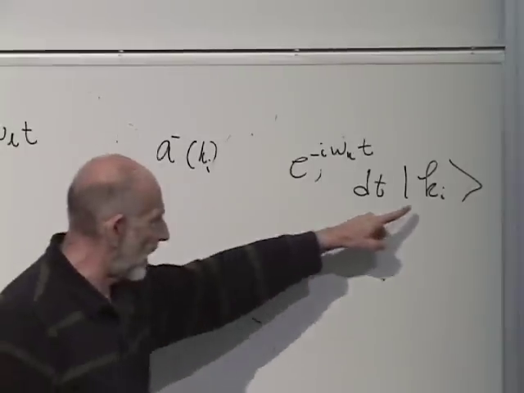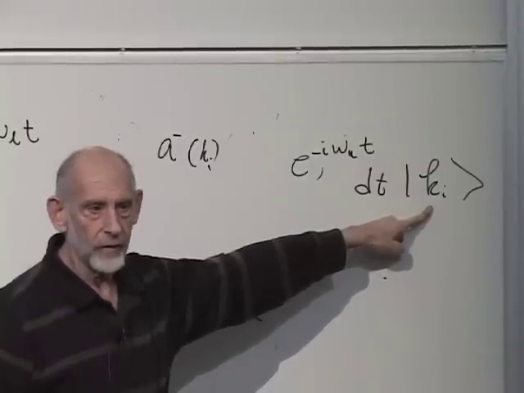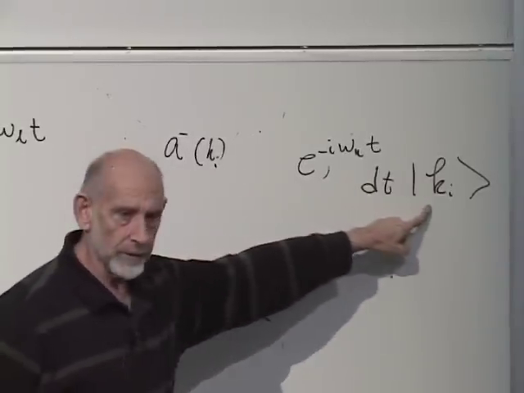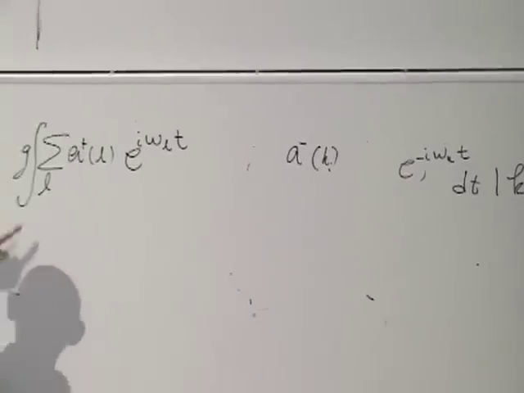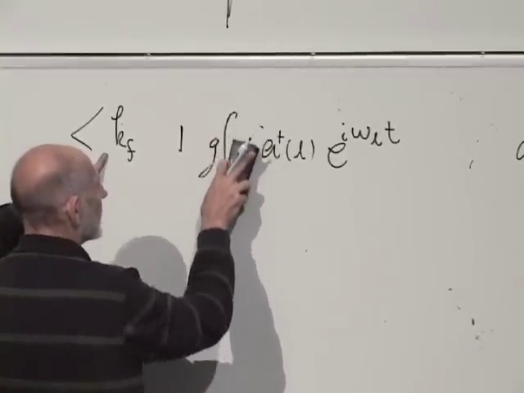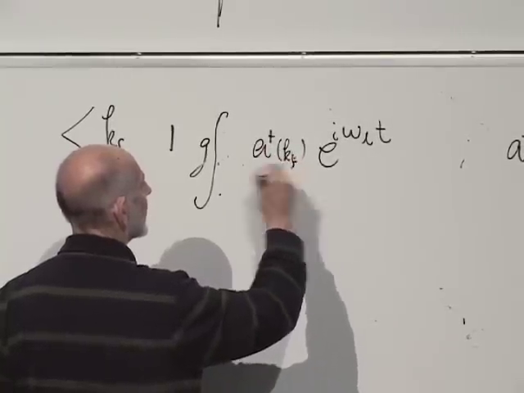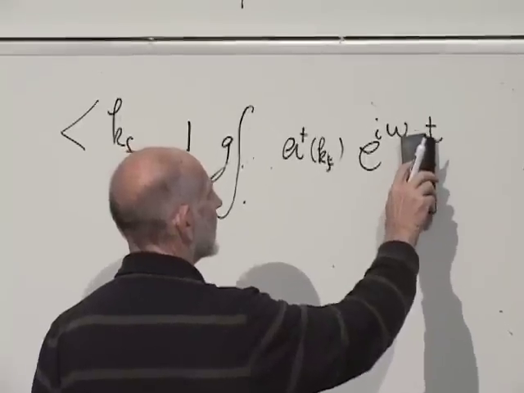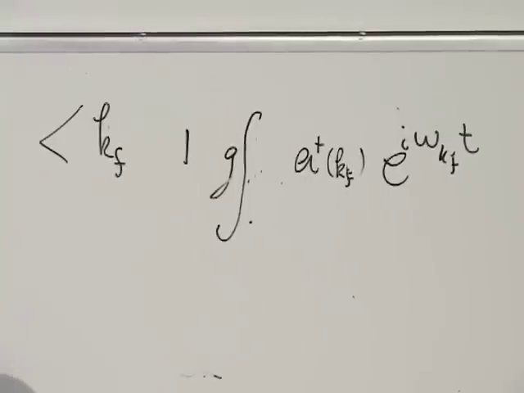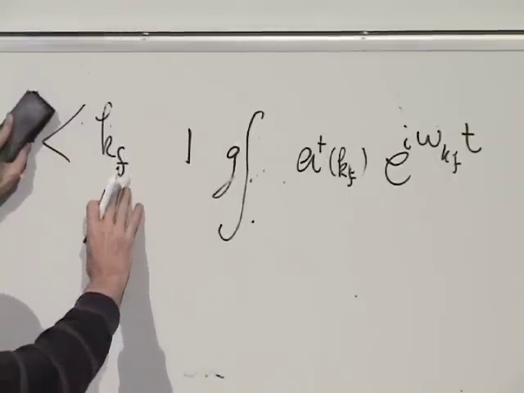What does A minus of ki do when it acts on a state with momentum ki? It just creates a state with no particles, right? It annihilates the particle with momentum ki. What about this sum? This sum is only non-zero when L is equal to K final. So we can put K final here. And when this acts on a state with K final, oh, sorry.